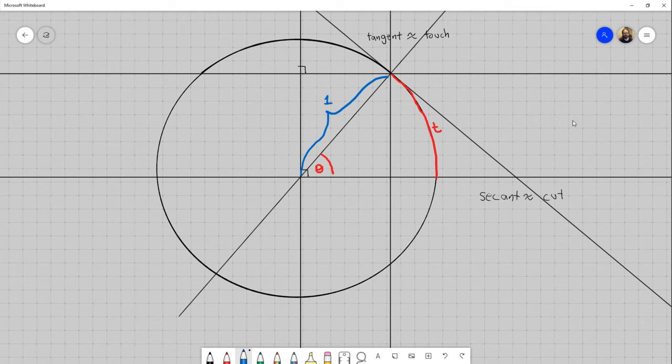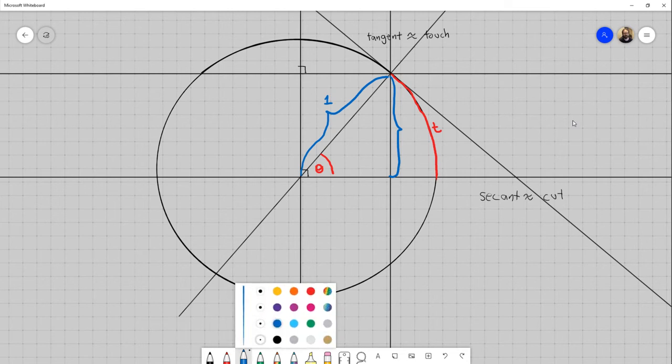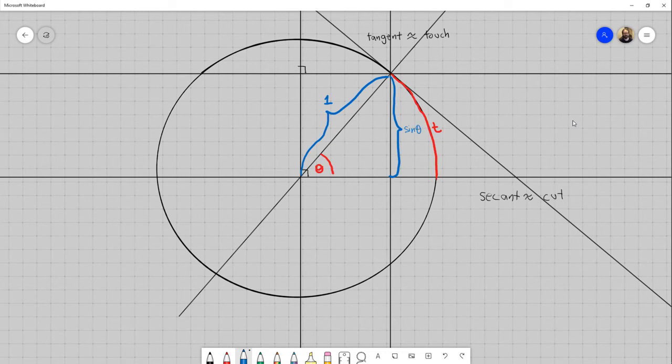This length right here is sine of theta, or sine of t if we're worried about arc lengths. Let's worry more about this angle theta. We already did an example where we focused on arc lengths. Let's focus on angles and forget about this arc length t for a second.